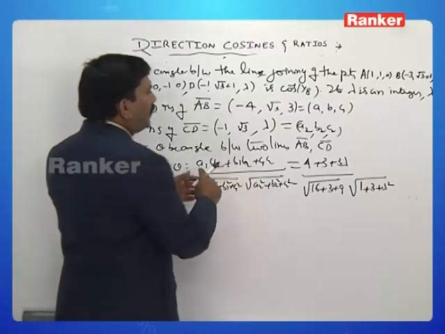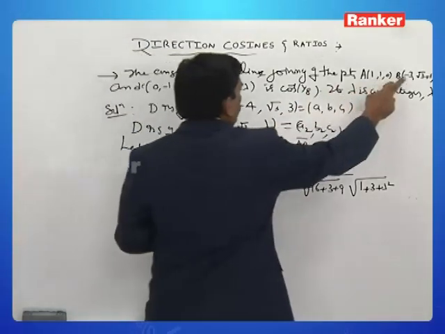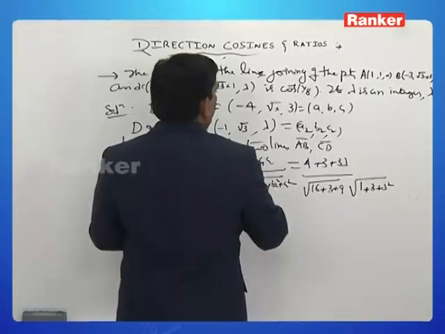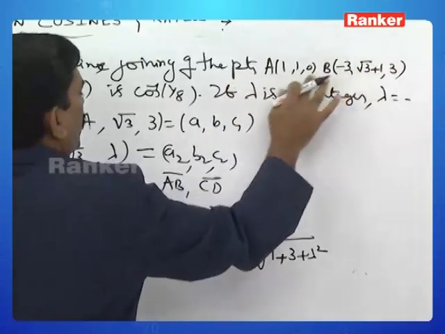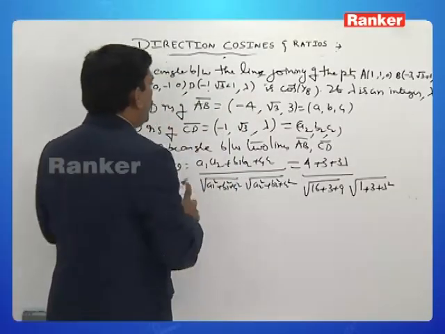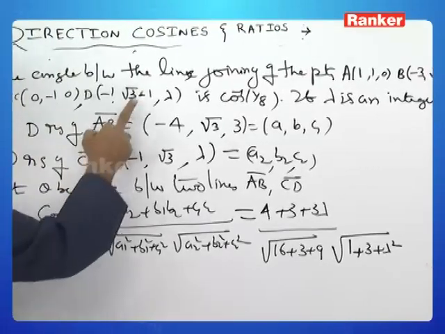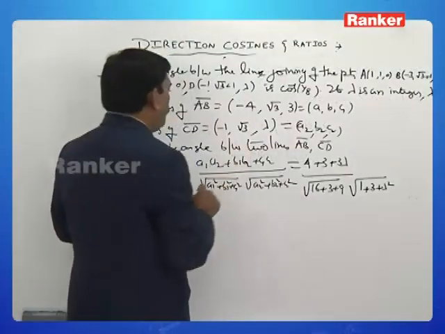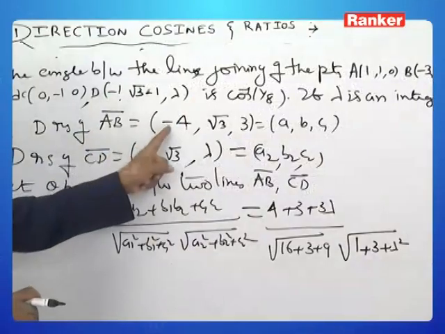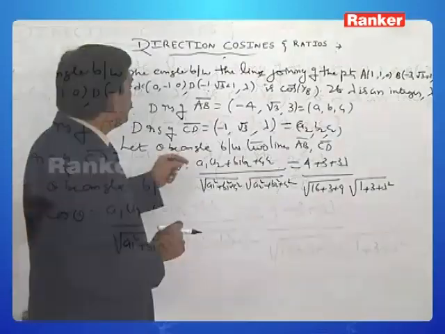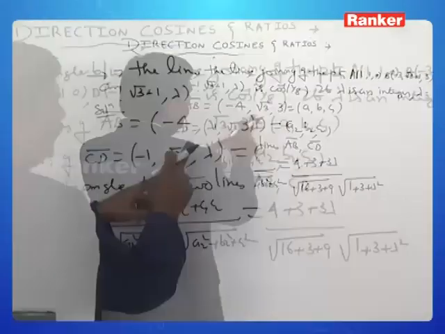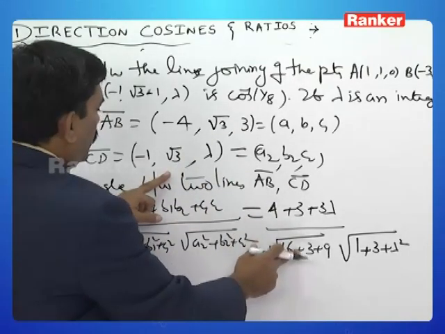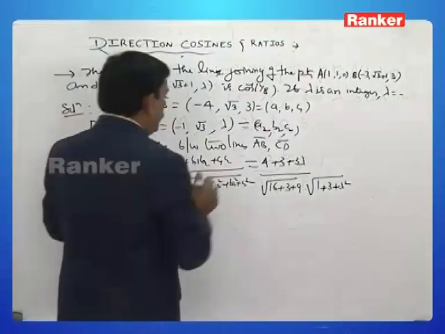Before going on, let us check once again: minus 3 minus 1 is minus 4, root 3 plus 1 minus 1 is root 3, next 3 minus 0 is 3, it is okay. Next, minus 1 minus 1, root 3 minus 1 minus of minus 1 is root 3, lambda, this is okay.